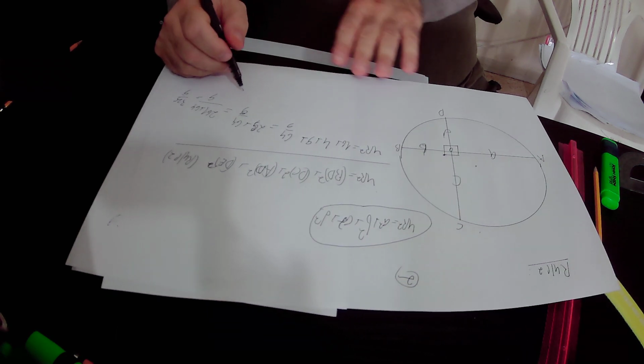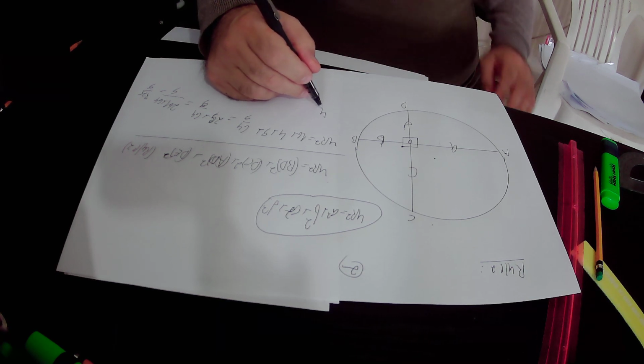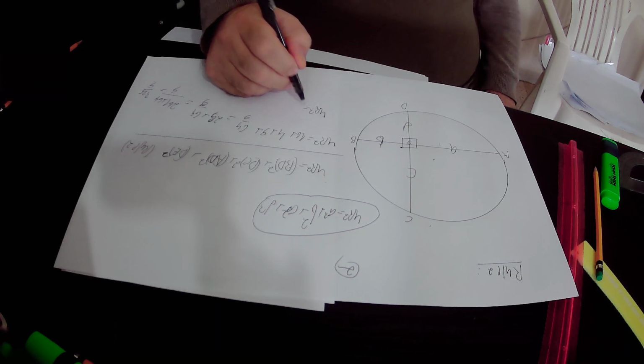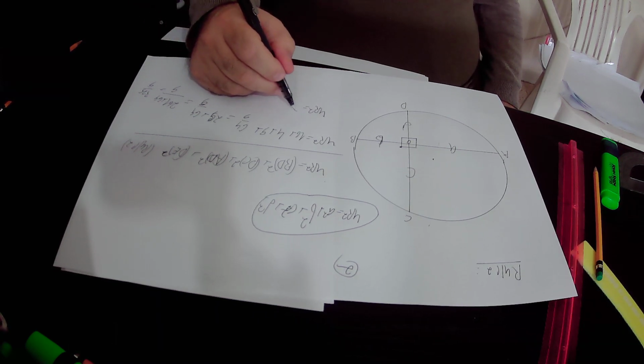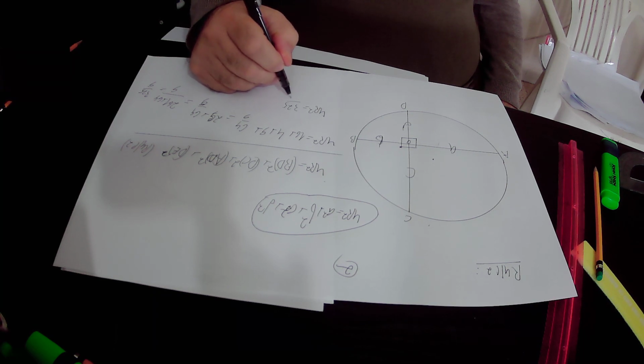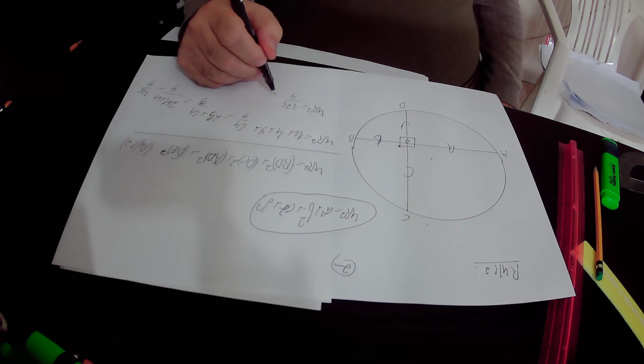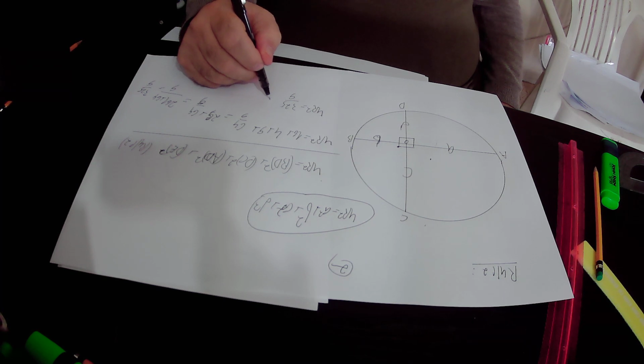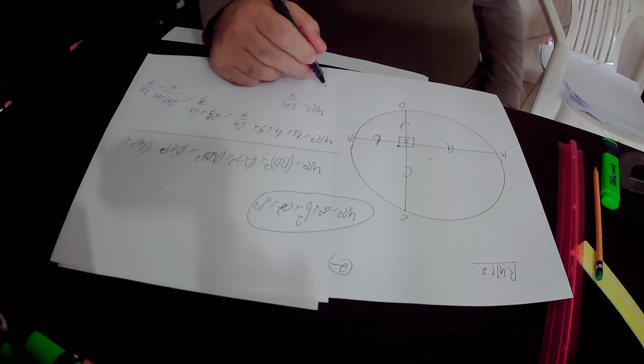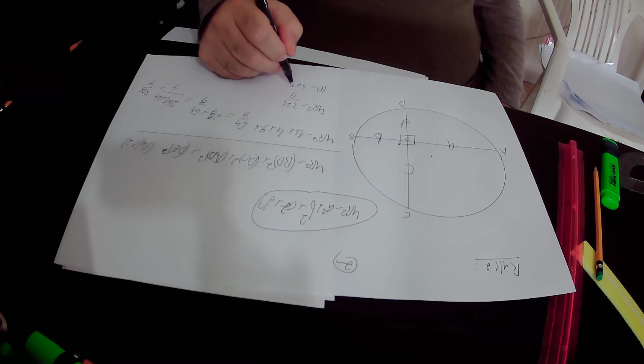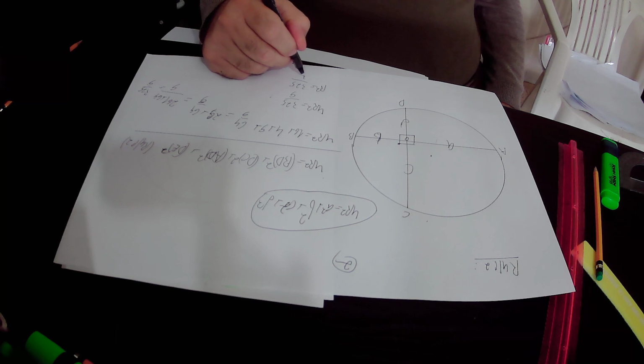So in conclusion, we found that 4 times R squared equals 325 over 9. Here we'll divide this equation by 4 and we get that R squared equals 325 over 9 times 4, which is 36.